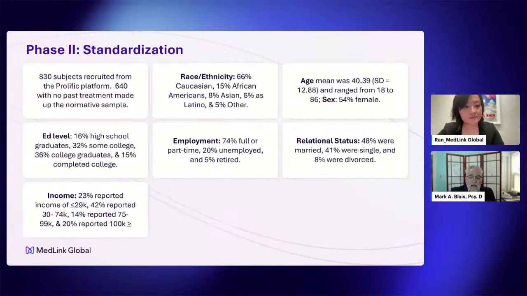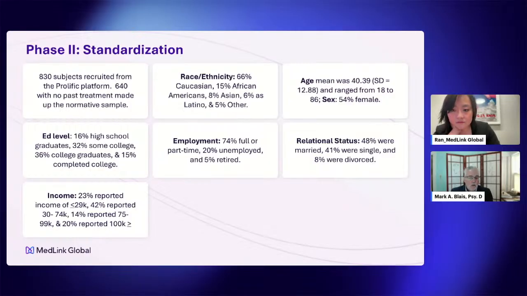So what we had at this point was a test that was now ready for standardization and validation. So we went back to the Prolific platform and drew a much more representative sample. We had initially 830 subjects who completed the form, and of those, 640 had no past treatment, and they became the normative sample.